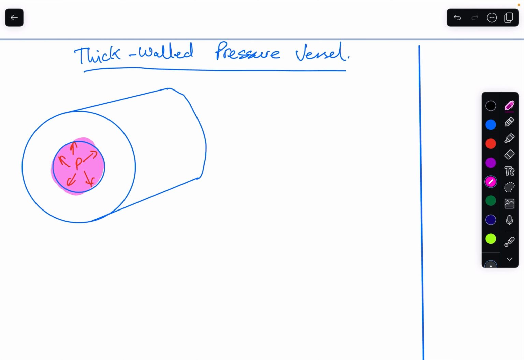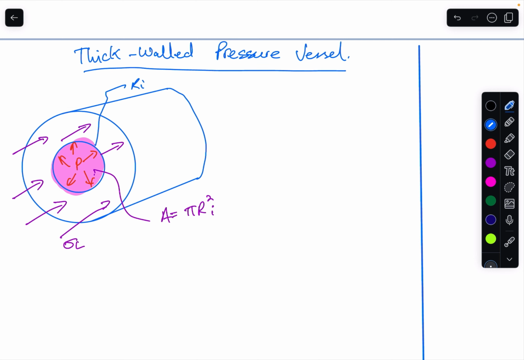And we must have the force in the material that results from the stress that counteracts that force. So we know that this area here is equal to pi r squared, ri. We have ri as the inside radius and ro as the outer radius.